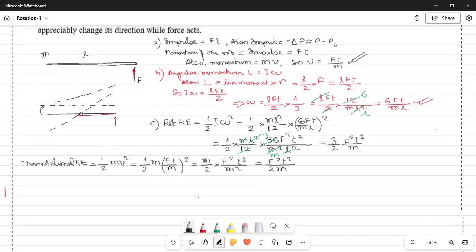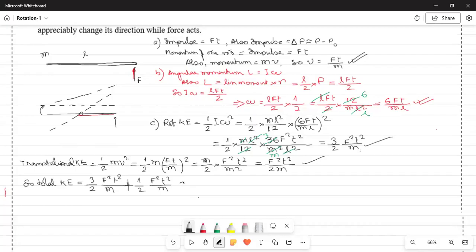So what is the total kinetic energy now? This energy plus this energy. So total kinetic energy is equal to 3 by 2 F square t square by m plus half F square t square by m.